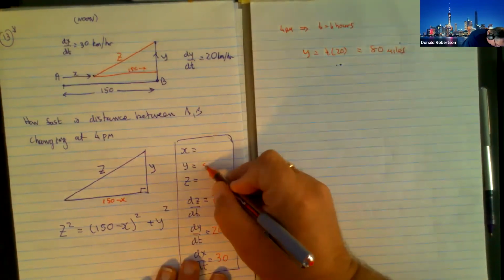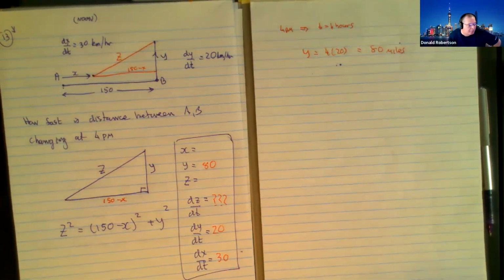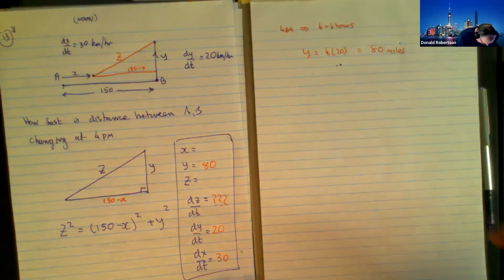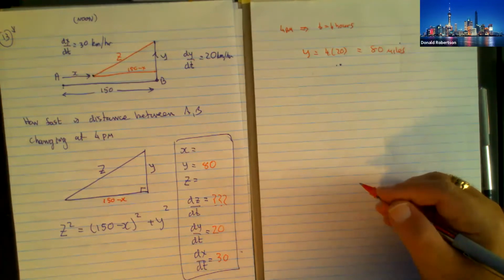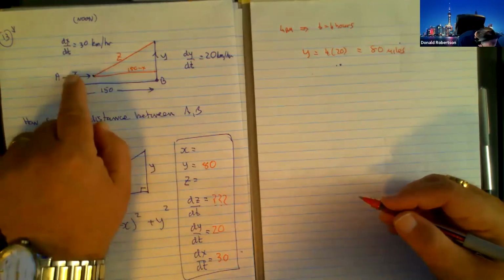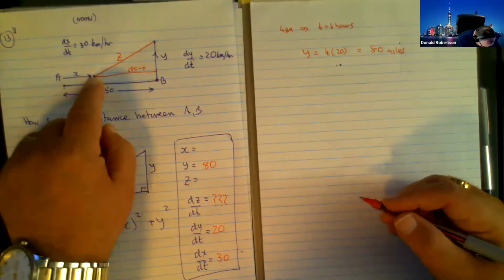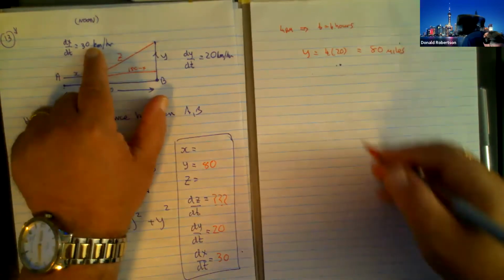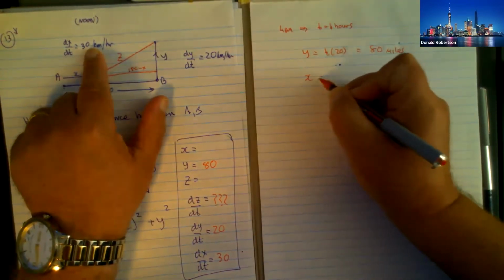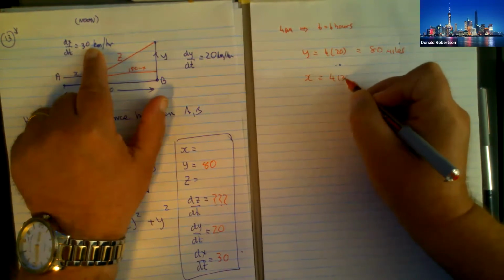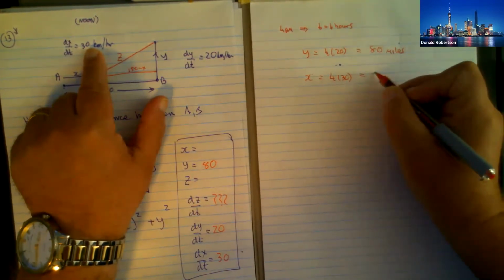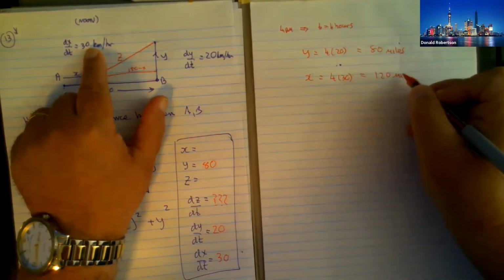Are you comfortable about how I got Y is 80 then? Now, what about the X? Well, the X is this one, and it's traveling at 30 miles an hour. So won't X be 4 lots of 30, which is what, 120 miles?